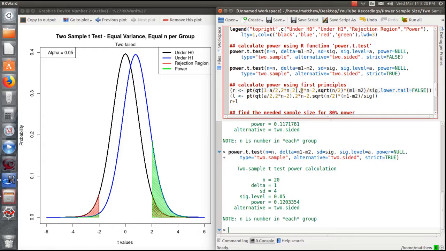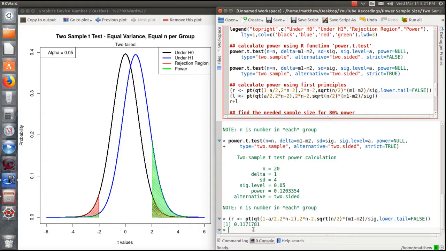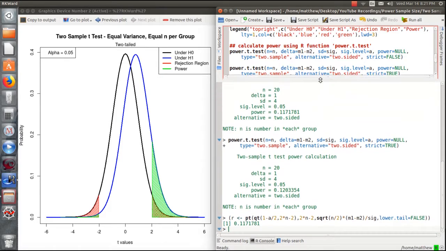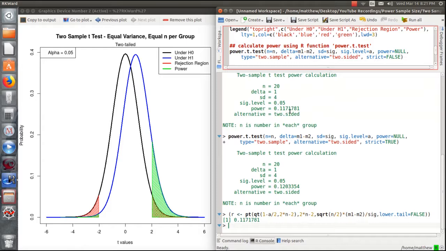And then the non-centrality parameter is here. Oh, this is the degrees of freedom. This is the non-centrality parameter, and we want the right tail. That's what the lower tail false means. So let's calculate that. And notice it is 11.7%. And so let's open this window, and it's exactly what R calculated.